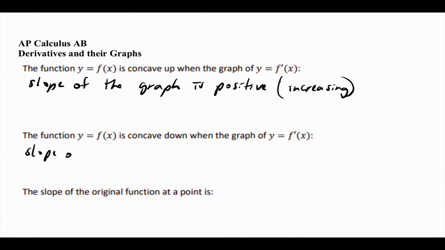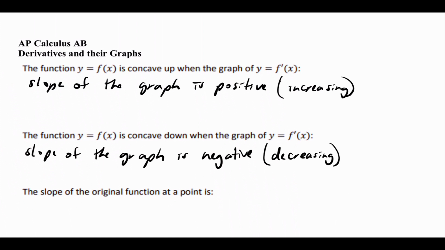The slope of the graph is negative, decreasing. Right? Where is the first derivative graph increasing? Where is its slope positive? Where is its slope negative? Decreasing. Last one will be done for today.